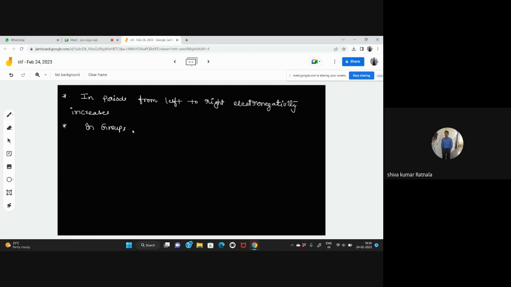In groups, from top to bottom, electronegativity decreases. I am writing this purely based on the values only.